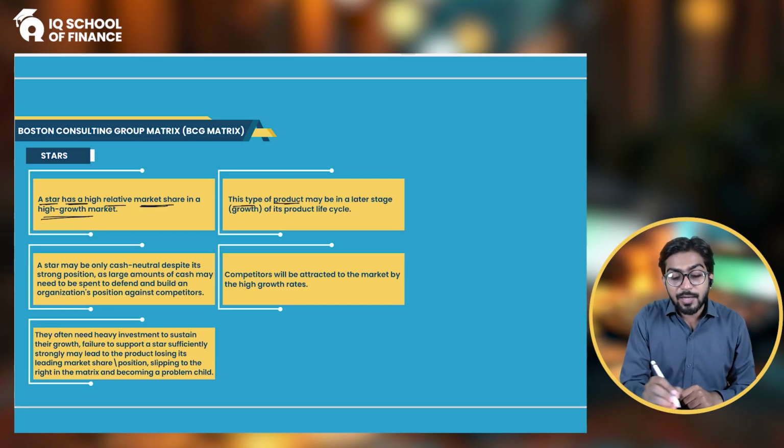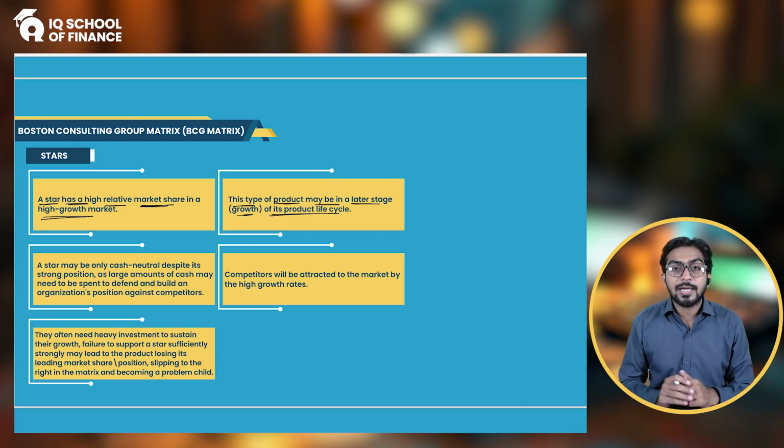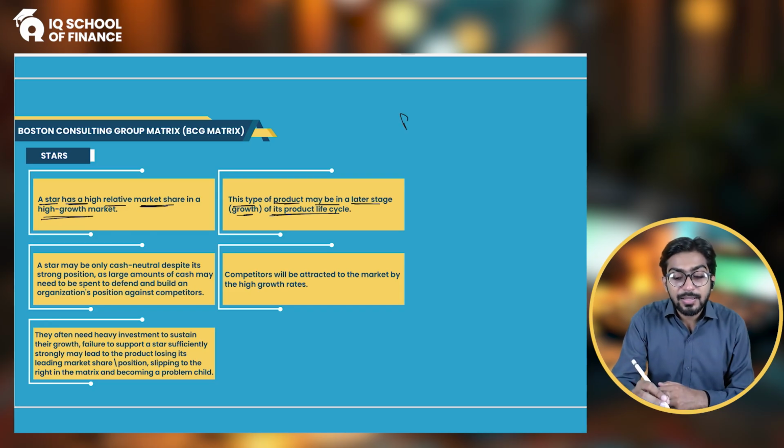This type of product may be in the later stages of growth of its product cycle. That means that when the market growth rate is high, your product is in the growth life stage of its phase. Right? You remember that we studied the product life cycle.